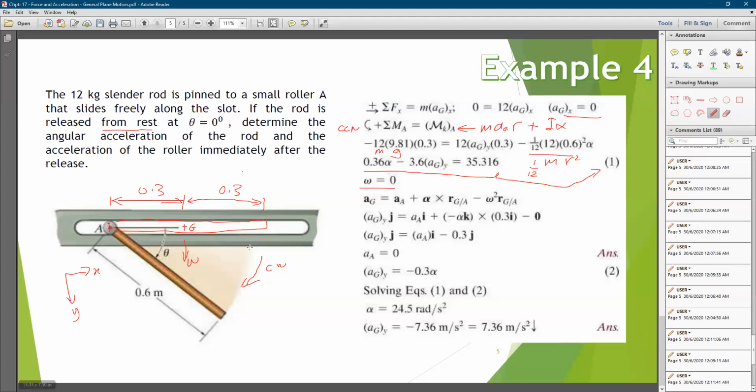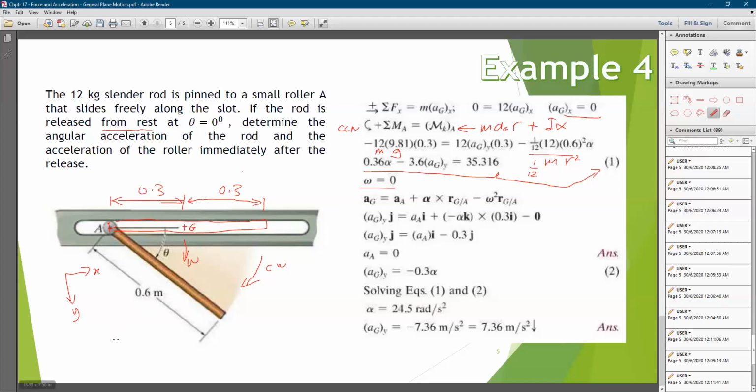Then minus alpha k, because we know that this rod will move counterclockwise, and k is going out of this page, cross with RGA, which is 0.3i.